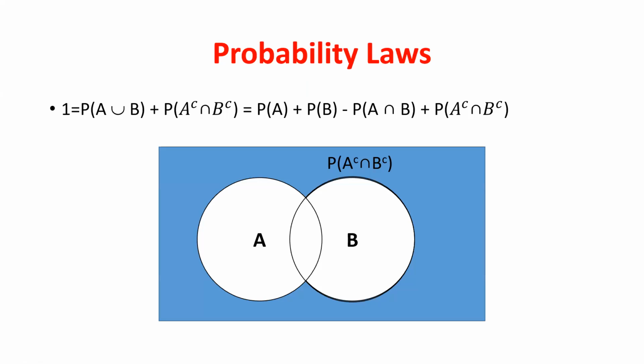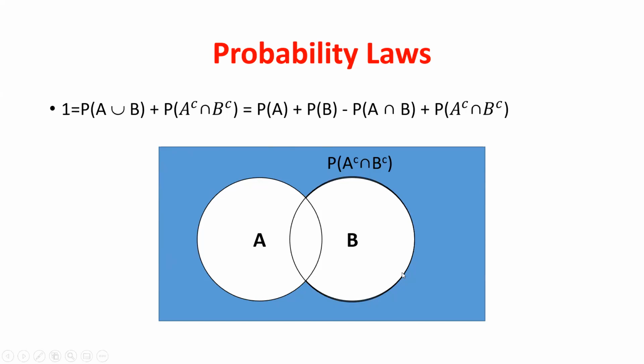But now we're going to return to this idea of how we can rewrite the union. Okay? So let's say I have something like this. The entire experimental outcome space is 1, right? That represents the probability of every single possible outcome. If I break this down, this white area here just represents the union of A and B. For now, I'm going to tell you that this is what it is, and I'll show you why in a second.